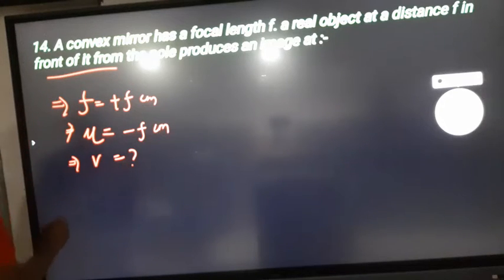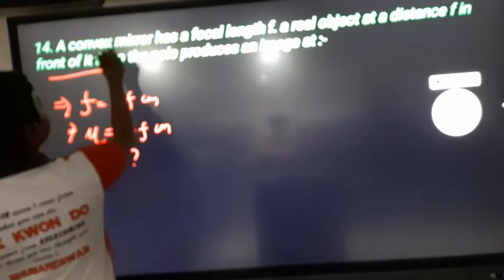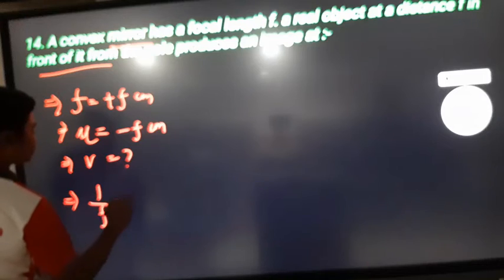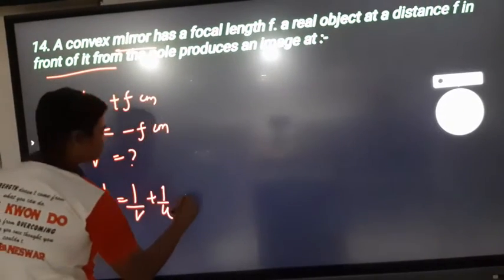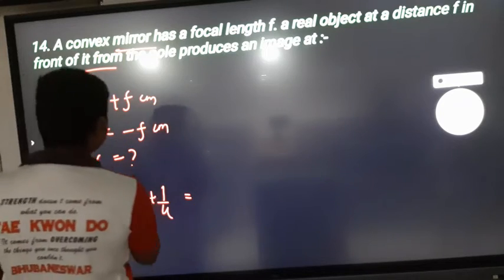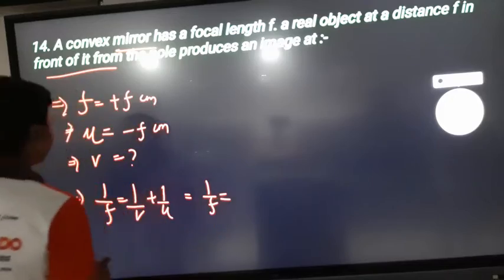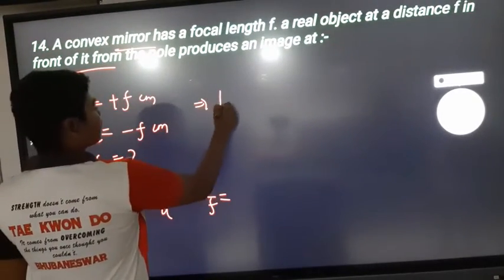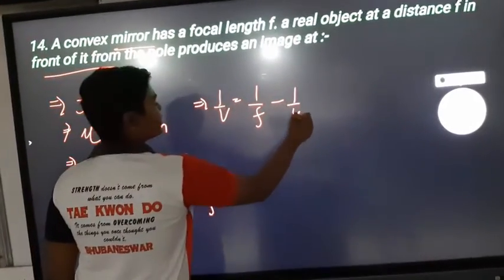V equals what? We know the formula for a mirror: 1 by focal length equals 1 by V plus 1 by U. So 1 by F equals 1 by V plus 1 by U, and we have to find V. So 1 by V equals 1 by focal length minus 1 by object distance.